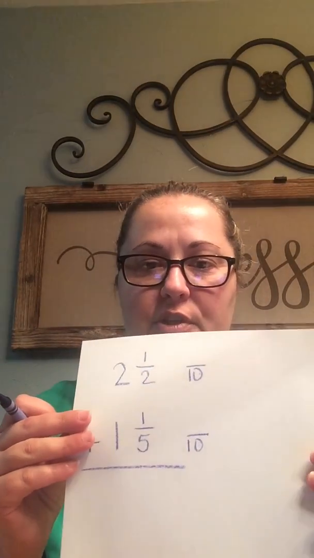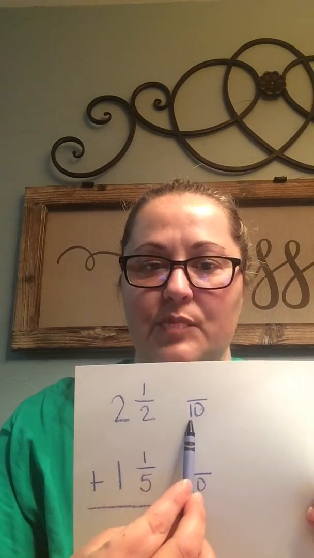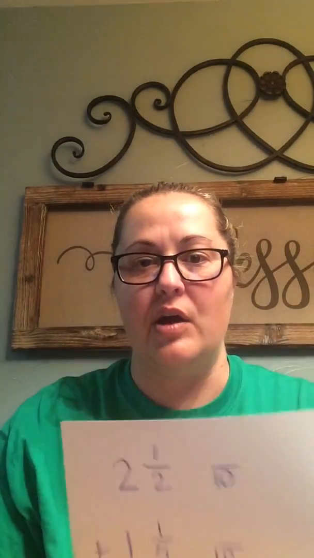So I'm going to go ahead and write my new denominator, 10, over to the side. Then we're going to create a multiplication problem to prove how we got there, because we're just creating equivalent fractions. We have to remember that the numbers in the middle have to be the same on top and bottom, because we're multiplying by a fraction that really means 1.